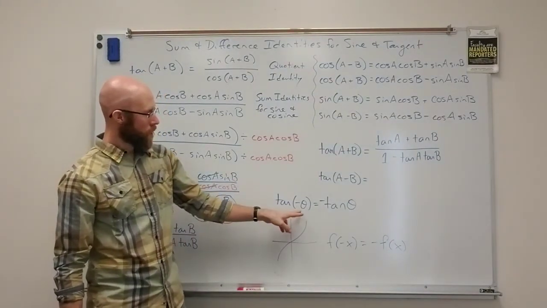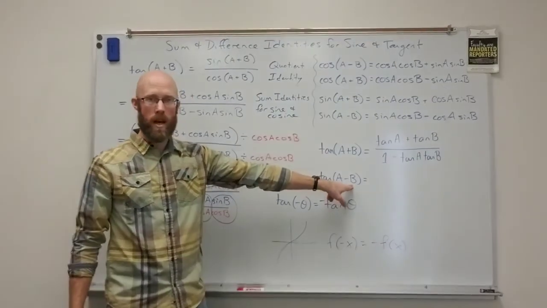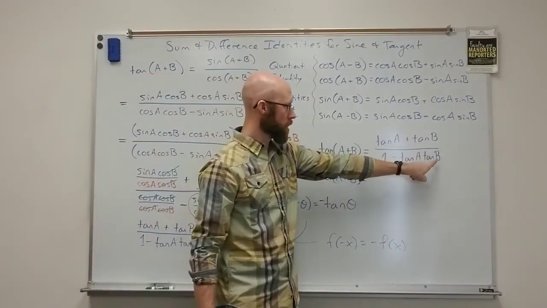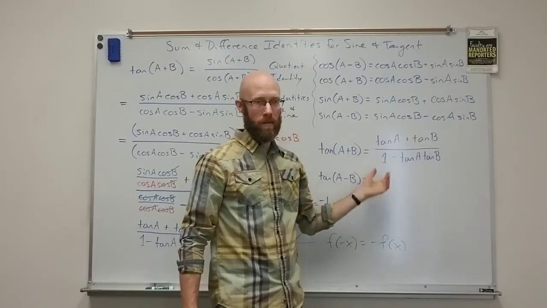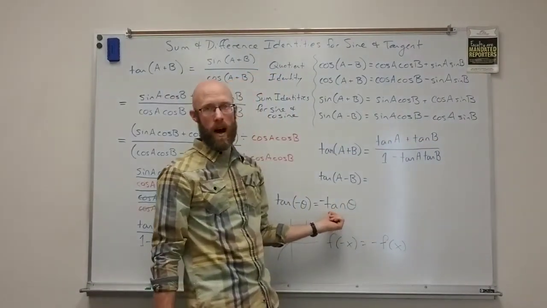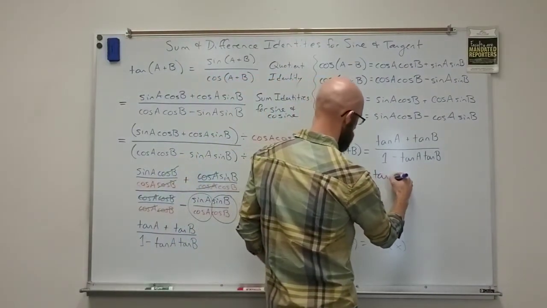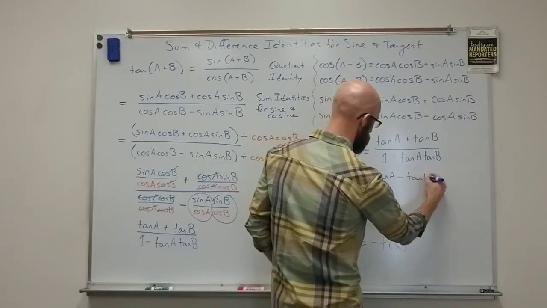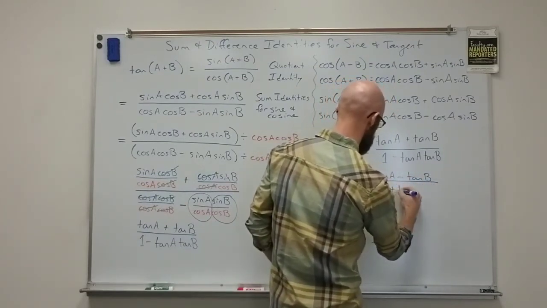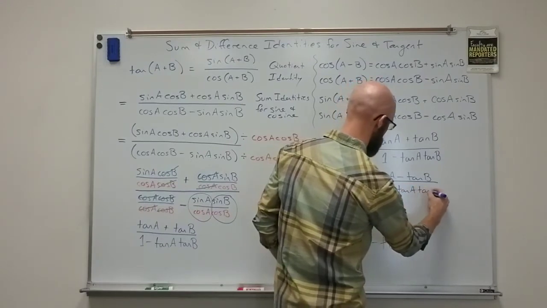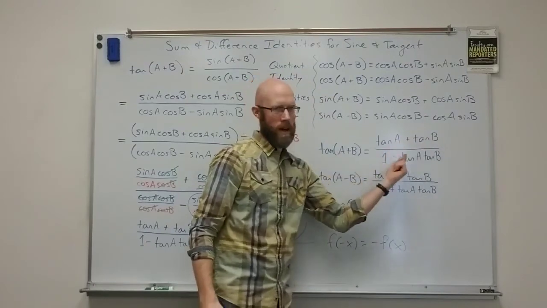So if we think of this B as changing sign, then this B and this B change sign, and you end up being able to pull that negative out, essentially, because of the odd function identity, and you end up with the tangent of A minus the tangent of B all over 1 plus the tangent of A times the tangent of B. So you can pull a negative out of this one, a negative out of that one.